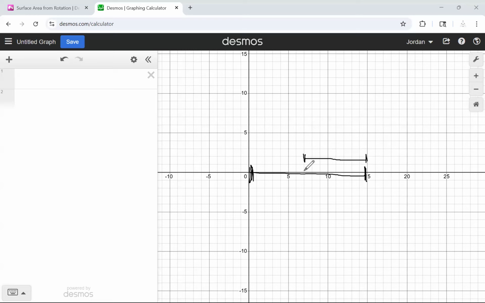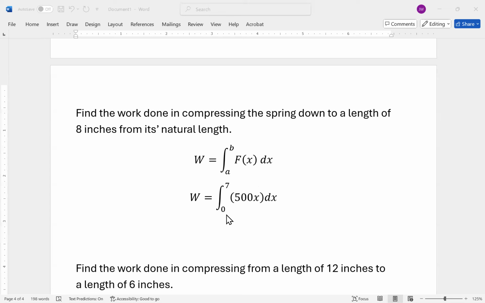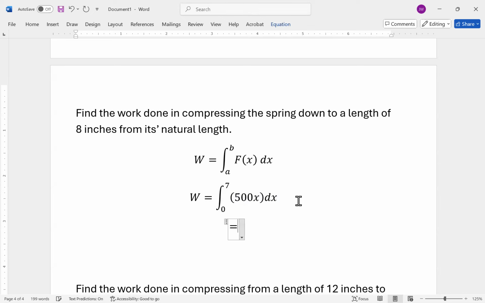And that is a compression of 7, obviously from 0 to 7. And when we calculate that, we get 12,250. Notice, again, that's going to be in inch pounds.